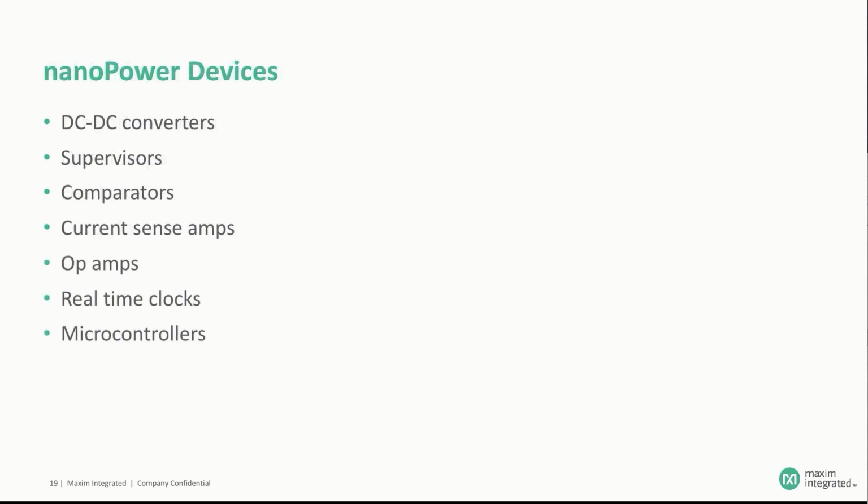Here is a list of products and building blocks that make good candidates for nanopower. They are DC to DC converters, supervisors, comparators, current sense amps, op amps, real-time clocks, and microcontrollers.